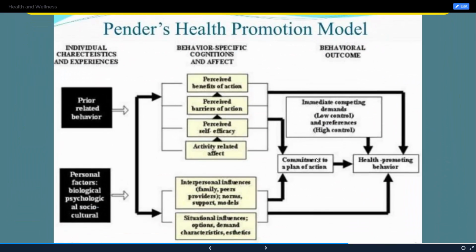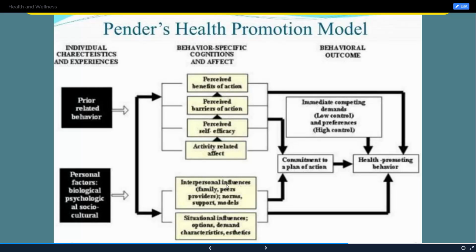So you can see individual on the left here. These boxes are individual characteristics and experiences. Prior related behavior, maybe some personal factors. Remember, we talked about the biological, psychological, and sociocultural factors coming into play. Then we look at how it leads into, do they have a perceived benefit of action, perceived barrier, perceived self-efficacy, and activity related effect? Kind of sounds similar to the last one we talked about, right?